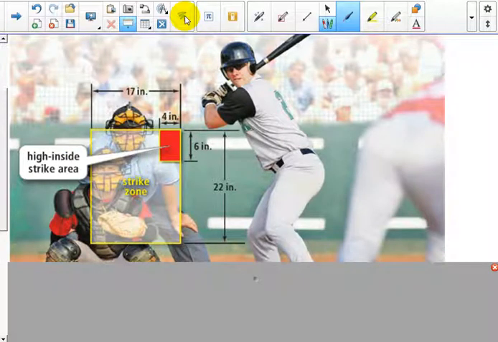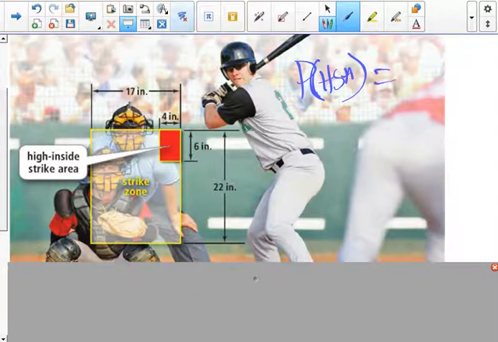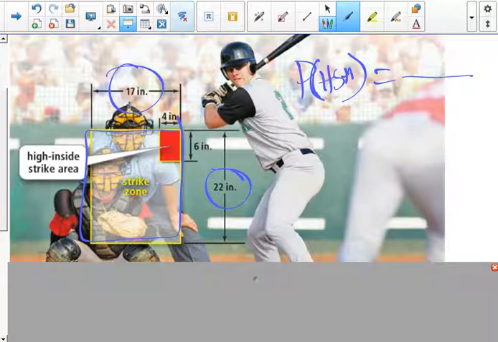Well, they give us some dimensions. So the probability of the strike zone, or what they call the high inside strike area. So the probability of high strike area, I'm just going to call that HSA, is equal to, now what's the total distance, 22 times 17. So let's go 22 times 17, and that is 374. And then our sweet spot here is 4 by 6.